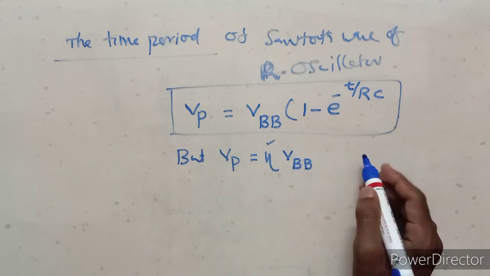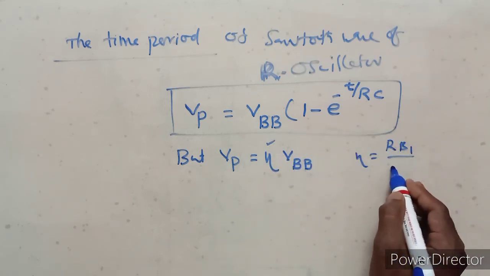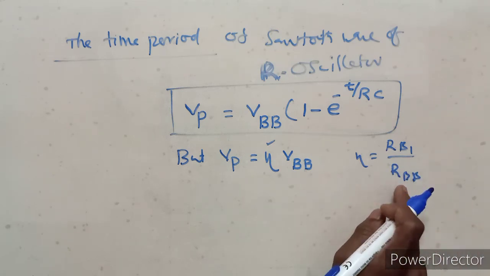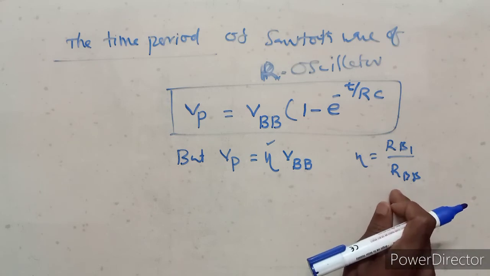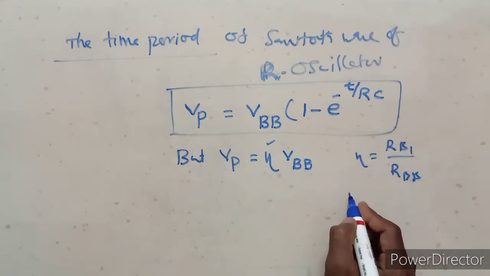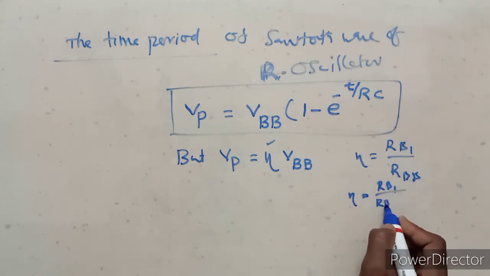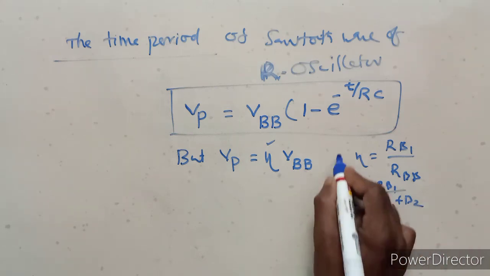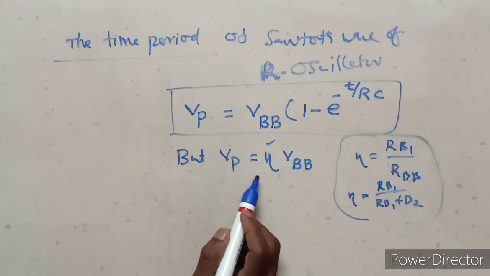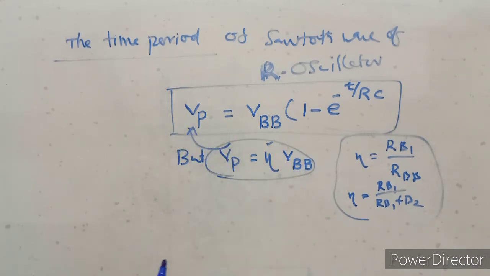Already we know that eta equals RB1 upon RBB, the total resistance between the two bases, so eta equals RB1 upon RB1 plus RB2. This is eta. So the relation is VP equals eta into VBB. This equation is substituted in the previous equation.